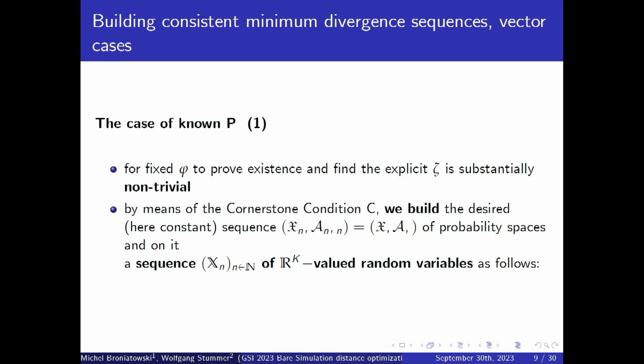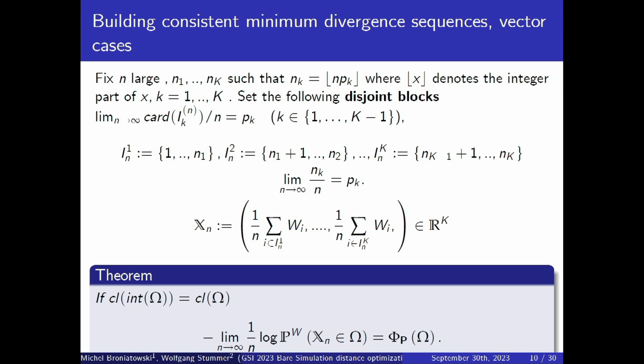And now we will build up a probability space for building the sequence xn. And this is done in the following way. We build up xn, of which the counting in omega will result as a way to minimize phi, the divergence, as a point in Rk, and it will be a kind of empirical mean made by blocks.